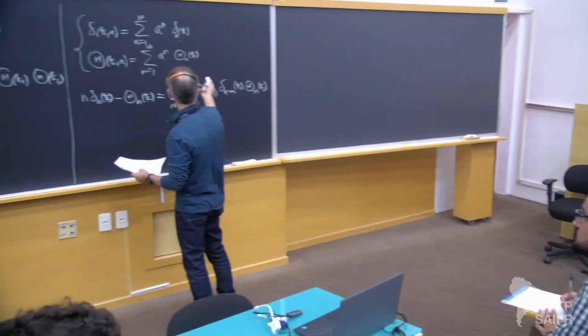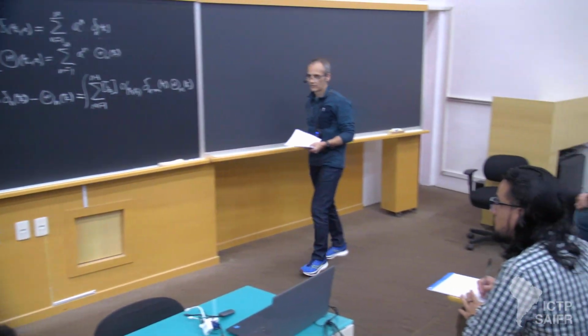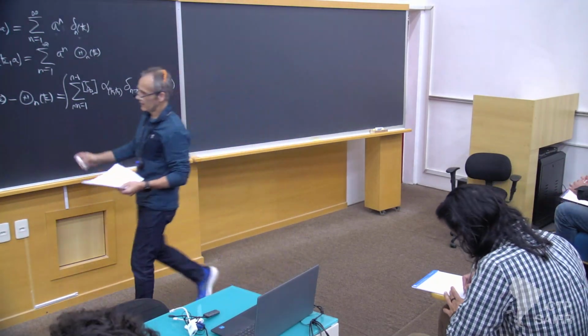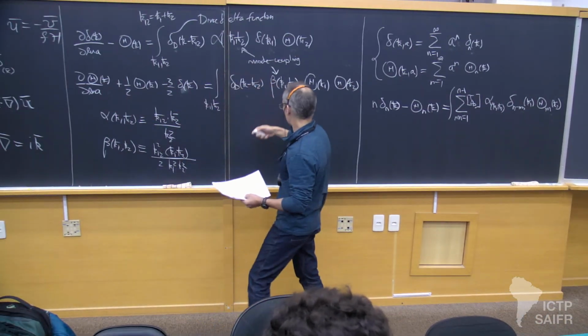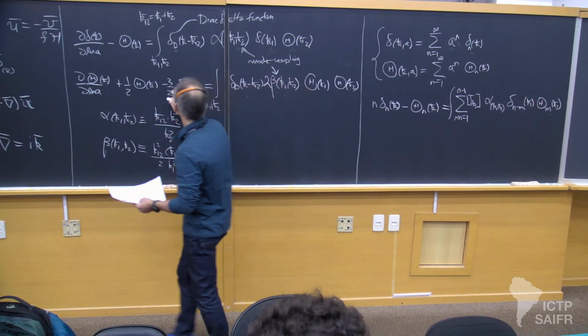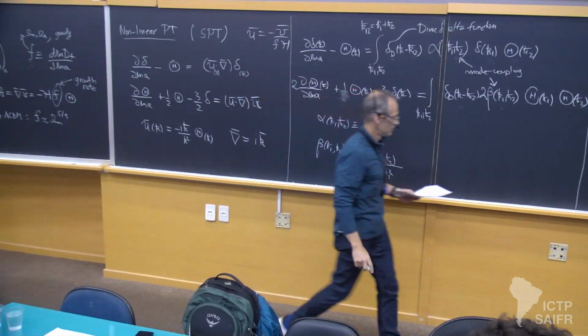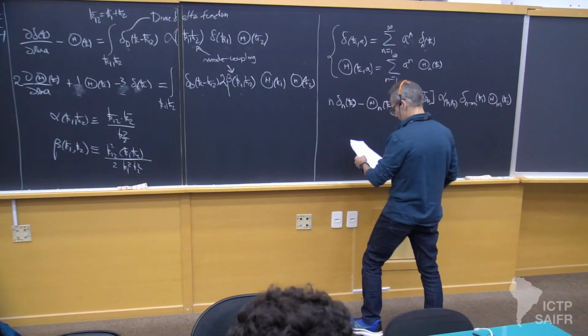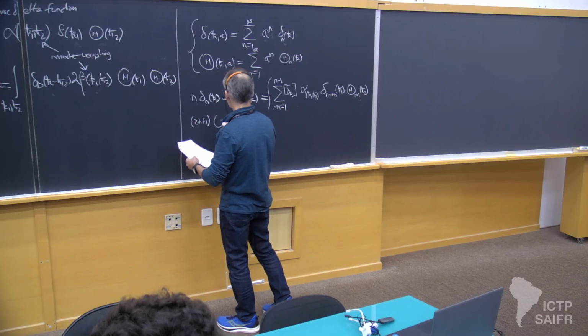And of course, I have an integral over k1 and k2. And then the same one here. I'm going to multiply everything by 2 just for simplicity. So then I have 2n plus 1 times theta n.